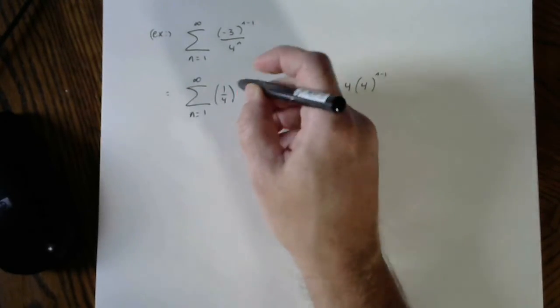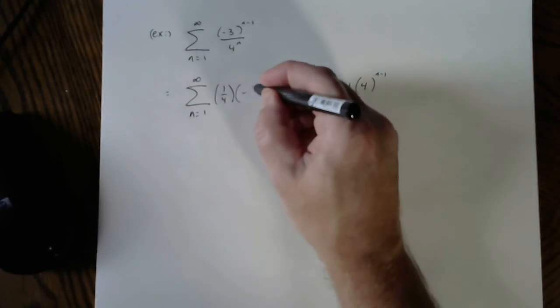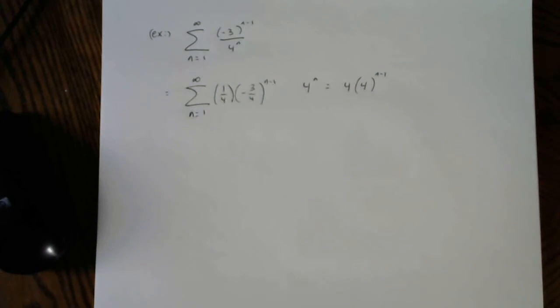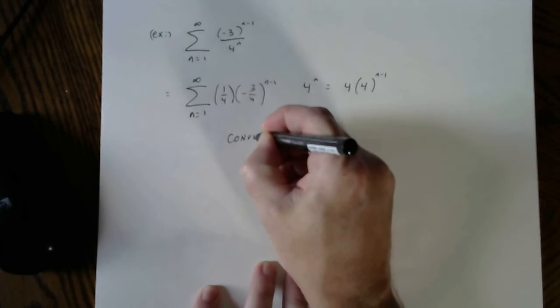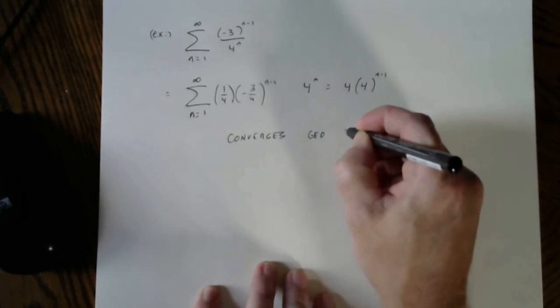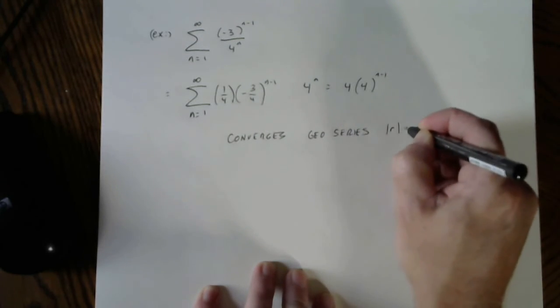And I'll have negative 3 to the n minus 1 over 4 to the n minus 1. So we have this, and this is ready. And I can see that the R value, the absolute value is 3/4. That is less than 1. So I'm going to say that this converges because it's a geometric series, absolute R less than 1.